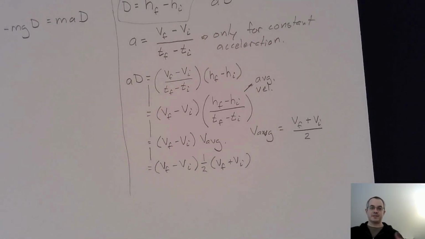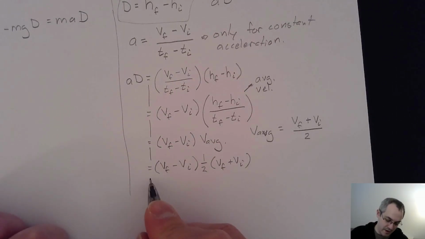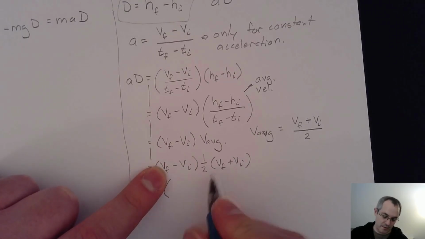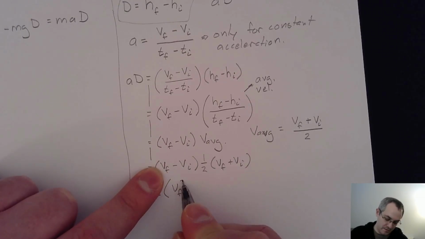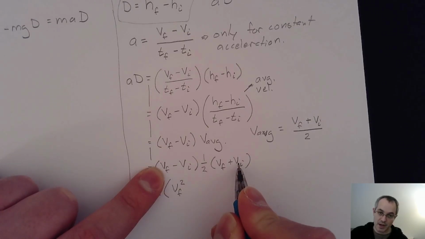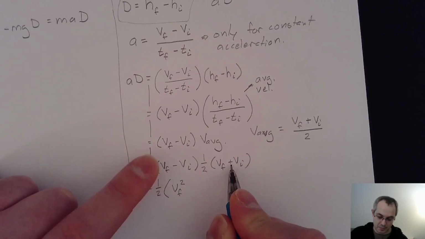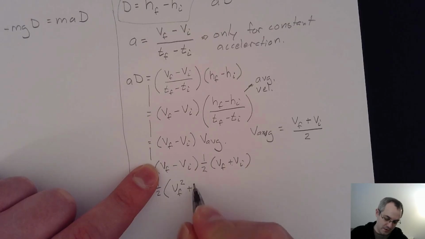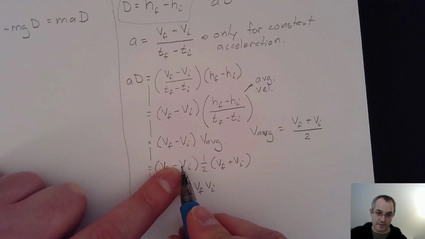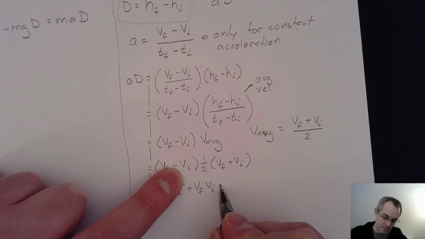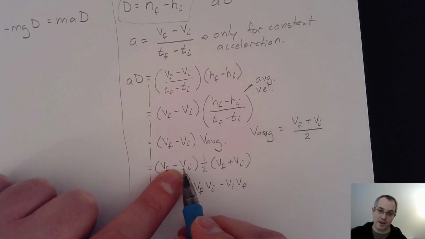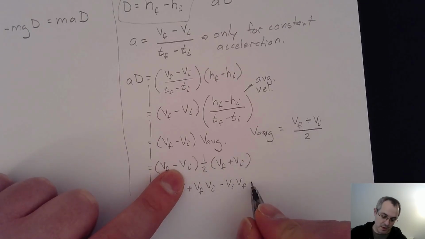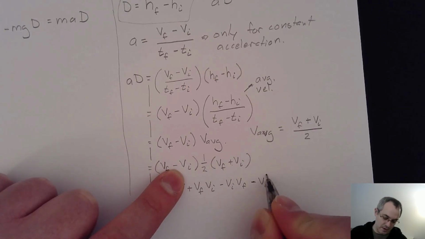Now let's just simplify this. Let's multiply these things through. So we'll have 1/2. Vf times Vf will be Vf squared. Vf times Vi will be plus Vf times Vi. Negative Vi times Vf will be minus Vi times Vf. Negative Vi times positive Vi will be minus Vi squared.